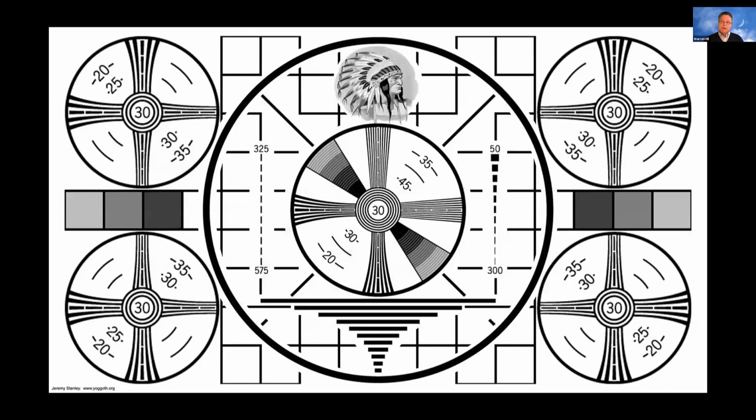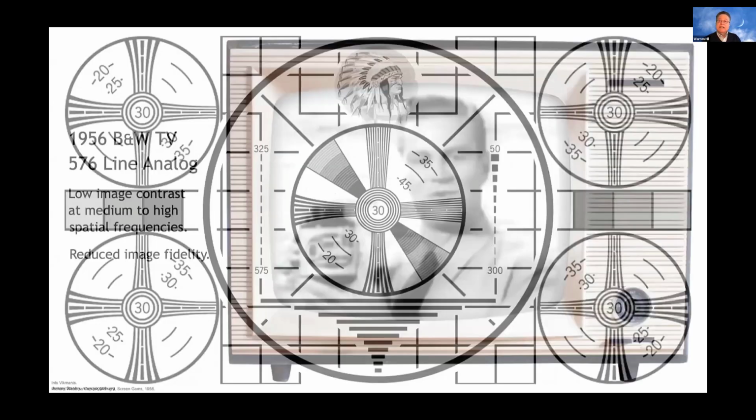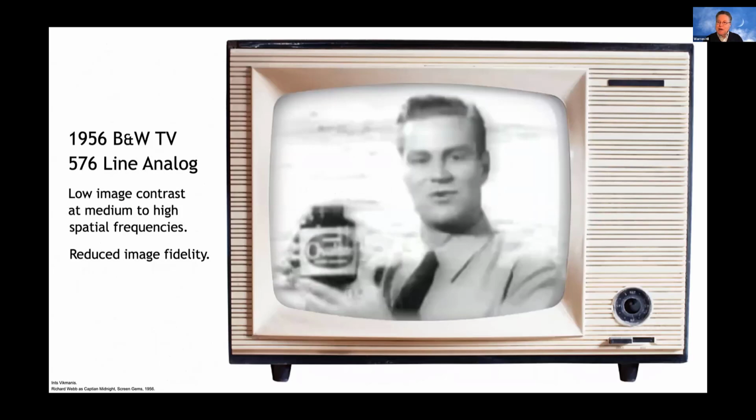So in common areas where we look at an image, let's say on a television screen, this is from the 1950s and 60s, you can see what we're doing is we're looking at contrast and spatial frequency. So this is a television image from 1956 from the television program here in the United States, Captain Midnight, and it's a 576 line analog television.